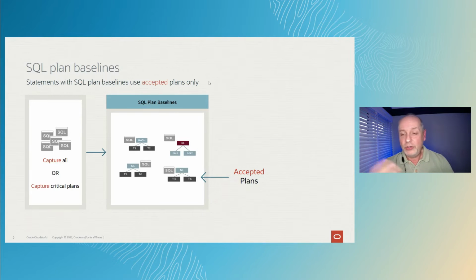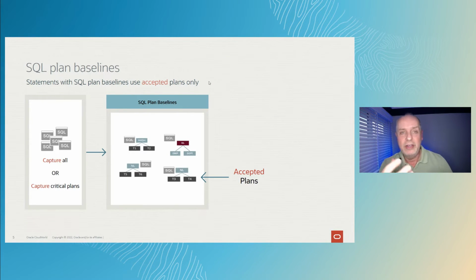There's a question here about, do I capture all my SQL statements or some kind of subset, for example, a critical core of SQL statements. I'll come back to this in a minute, but it's an important idea. Basically, we can concentrate on the concept that SQL plan baselines have a list of accepted plans. For the SQL statements and plans we've captured as baselines, these are the ones that the optimizer is allowed to use.